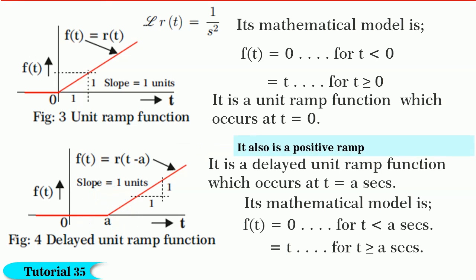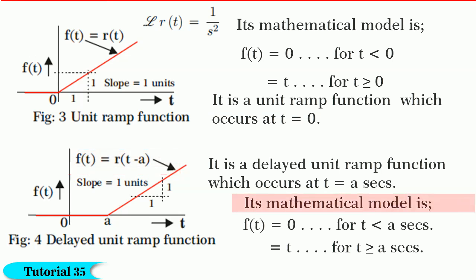It also is a positive ramp. So, it is represented as f of t equal to r of t minus a. Its mathematical model is f of t equal to 0 for t less than a seconds and equal to t for t greater than or equal to a seconds.